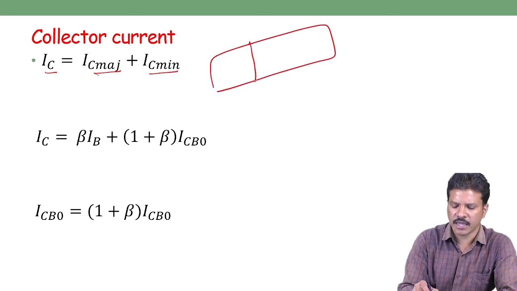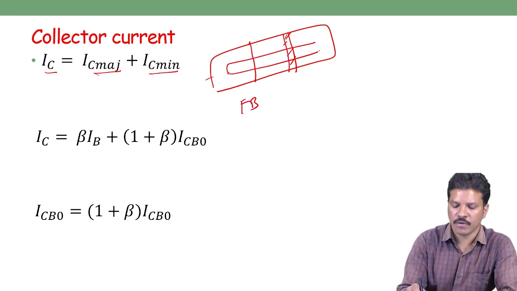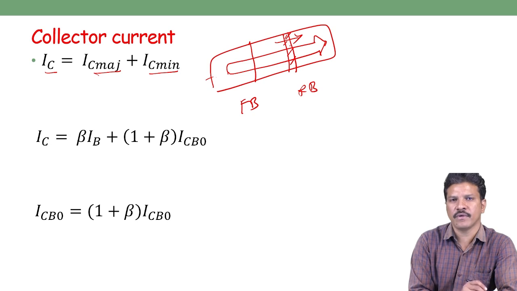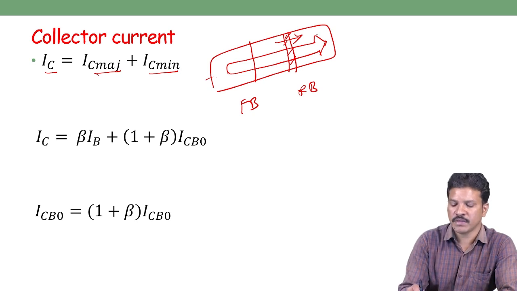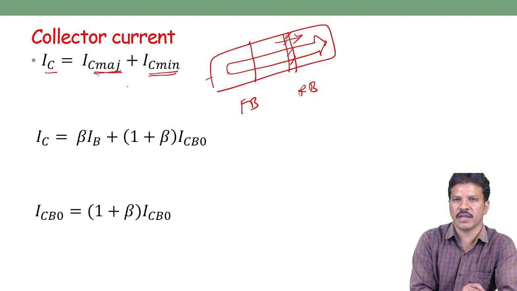It is from the emitter base junction and collector base junction. Due to forward bias, a large current flows. Due to reverse bias alone, minority current flows. Summing these two currents reach the collector: IC majority and IC minority.